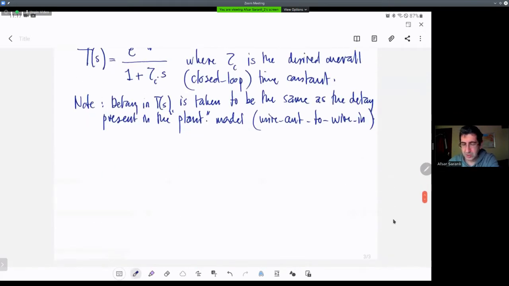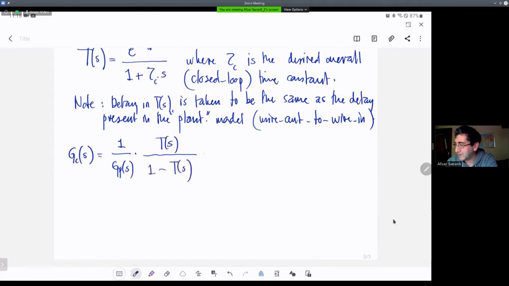Okay. So let's continue with our derivation. We have GC of S, which is equal to 1 over GP of S. I'm going to start with the original definition. We have here T of S, the desired transfer function, over 1 minus T of S. So let us do this with the exponential function as well.